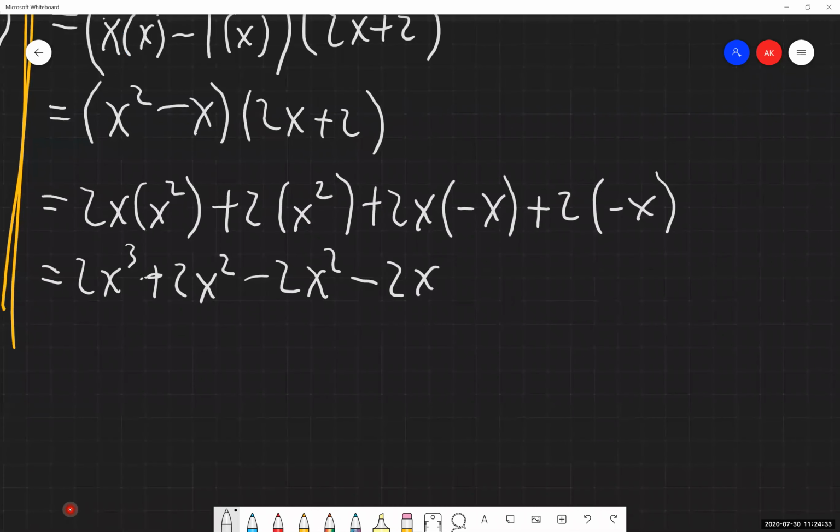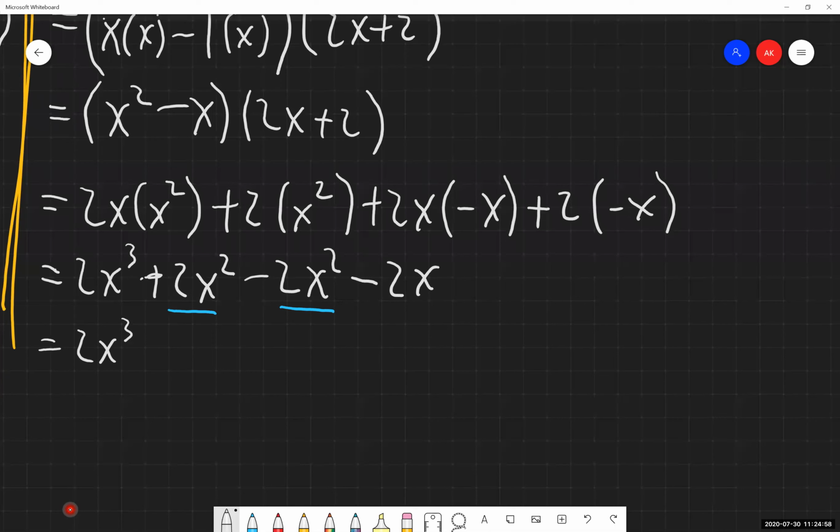So now I combine like terms where I can. I don't have any other x cubes showing up, so that's just going to be the cube term falling down there. I have x squared and x squared. 2x squared minus 2x squared. Positive 2 minus 2, that just becomes 0. 0 times x squared, gone entirely.